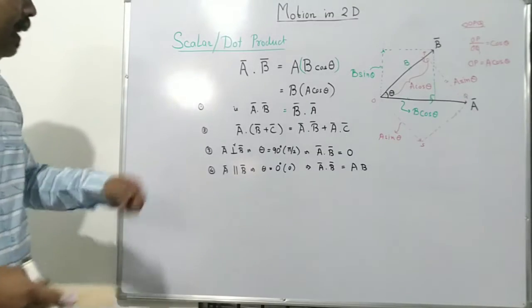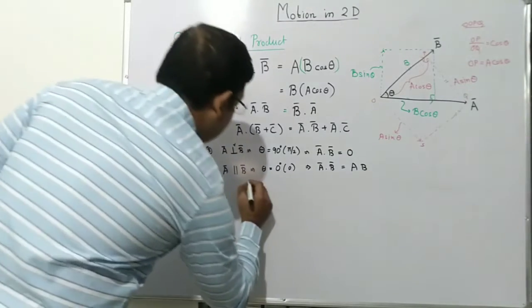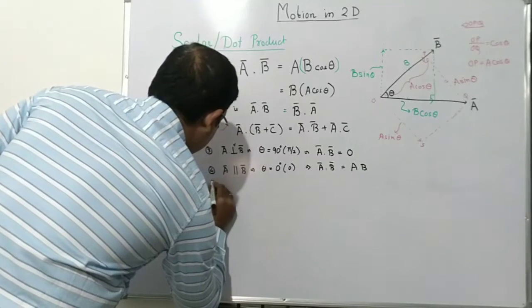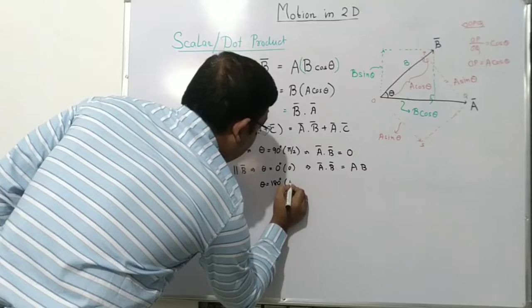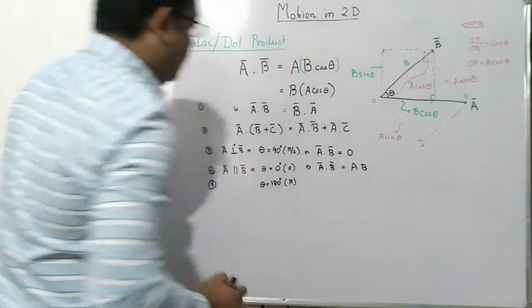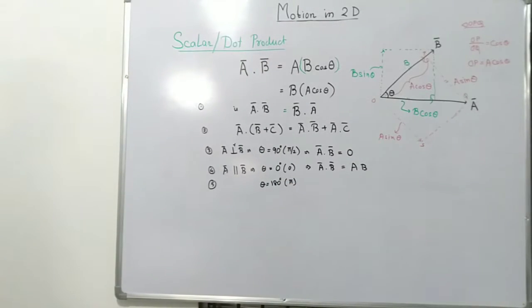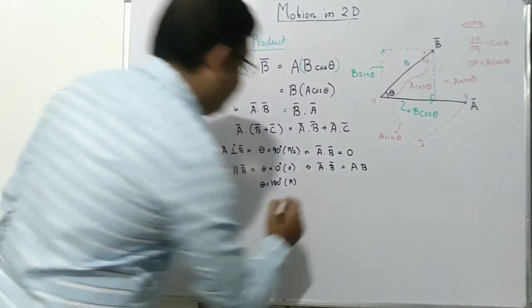If A and B are antiparallel, that is, if theta is equal to 180 degrees or pi, then cos theta will be -1.